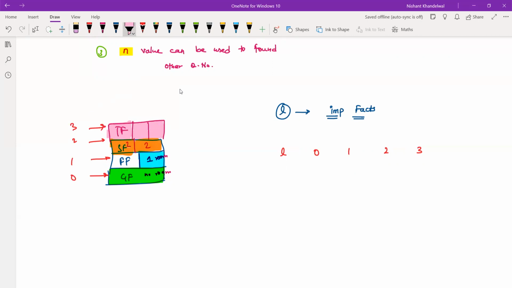Similarly, there are shells like first shell, second shell, third shell, and so on. Or I can start with first floor, second floor, third floor, and fourth floor. First floor has no room, second floor one room, third floor two rooms, and fourth floor three rooms.